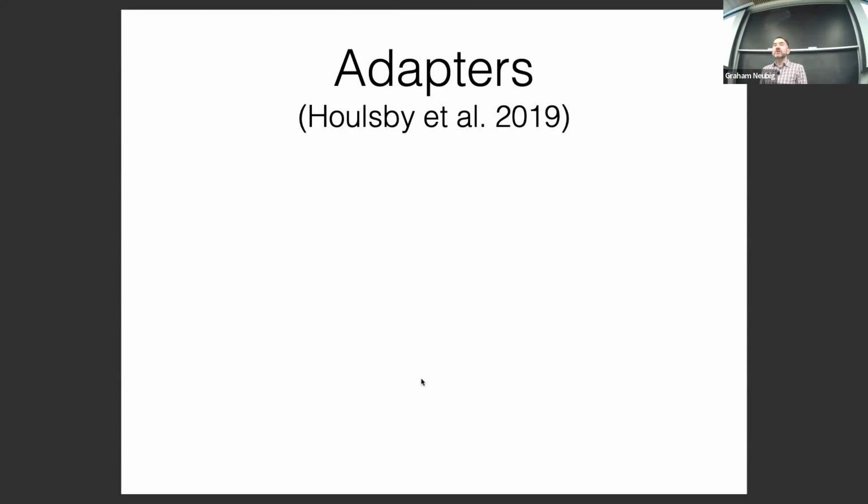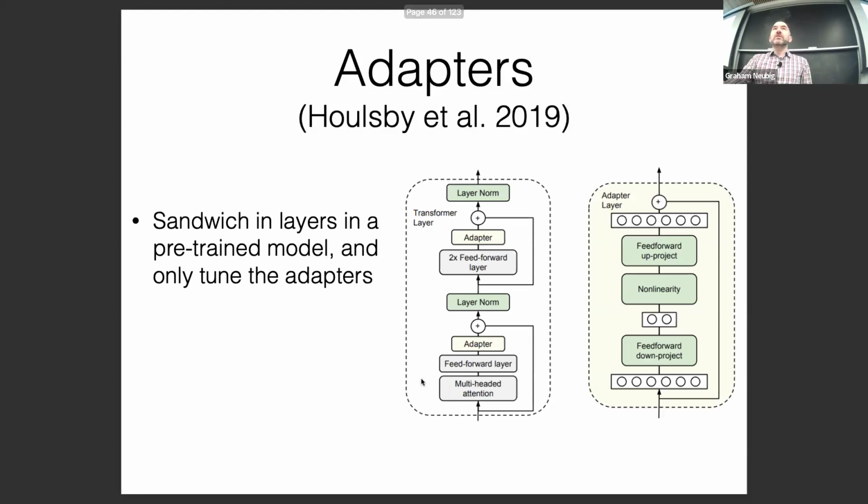So the next one that I'd like to talk about is adapters. And adapters basically look like this. So what you do is you have your standard transformer architecture, which has multi-headed attention and other things like this. Yeah, this is written in a slightly different way than I wrote the transformer diagram, but it's saying the same thing.